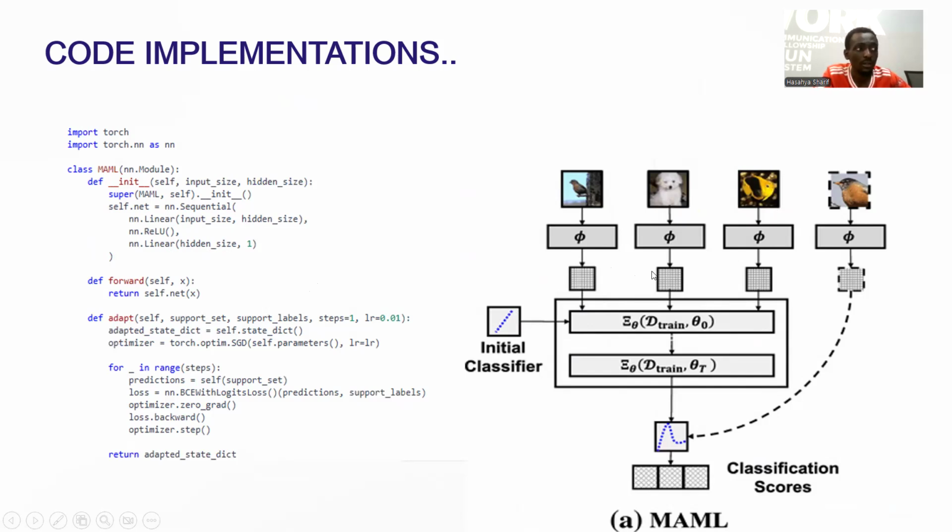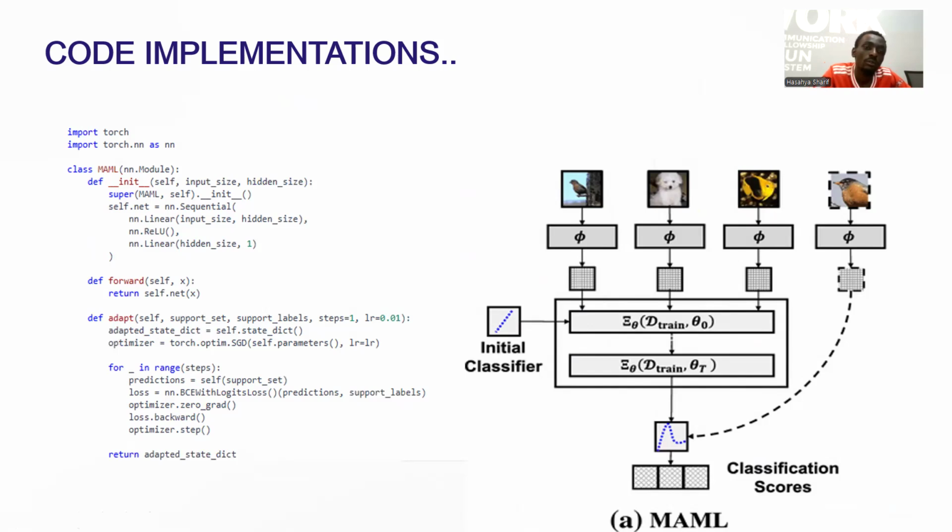And then we do the meta update based on our query performance. From here, we adapt and then our predictions are computed, and the optimizer uses the zero gradient function, and then after that we return our adapted state dictionary.